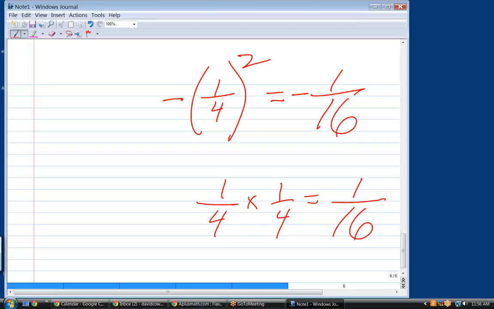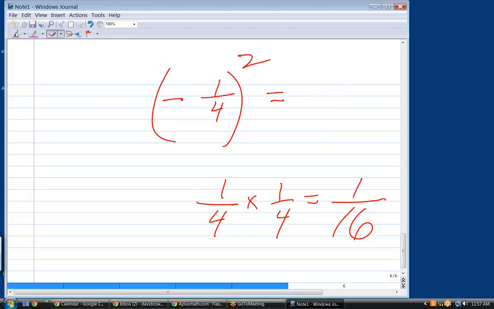So the minus sign stays there. Now, if I do the following, it makes a big difference. What's that equal to? No, that's minus 1/4 times a minus 1/4. When you have a minus times a minus, it turns into a plus. So that becomes plus 1/16.